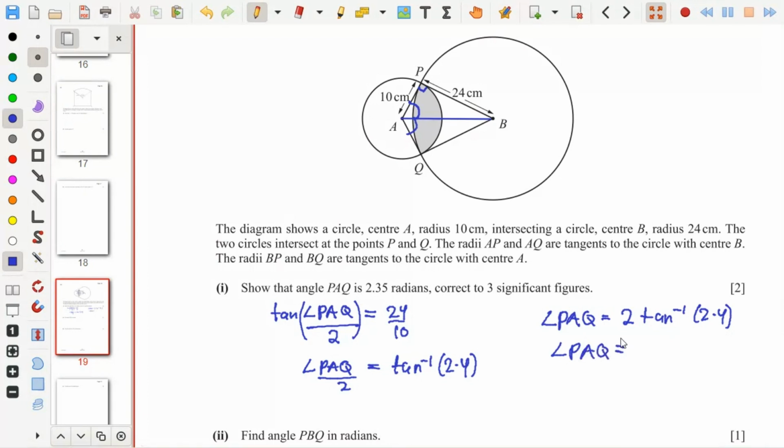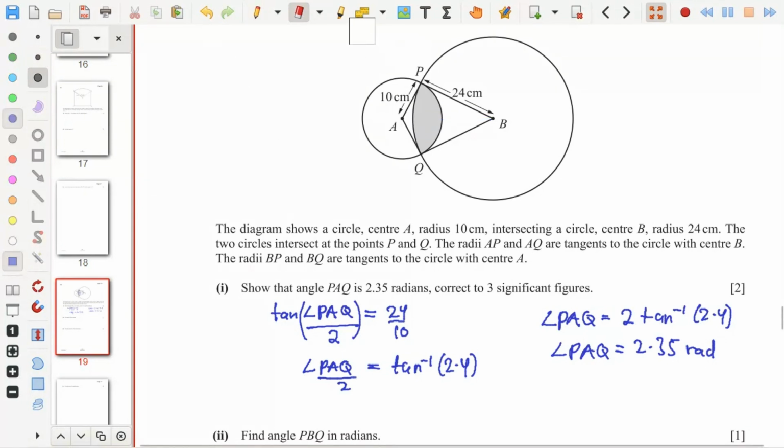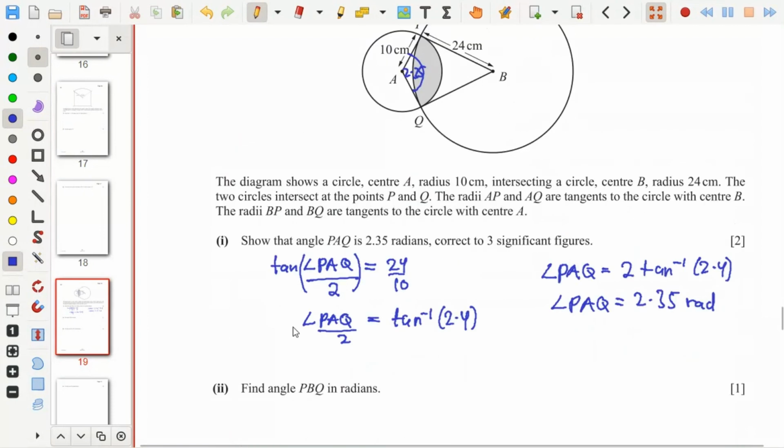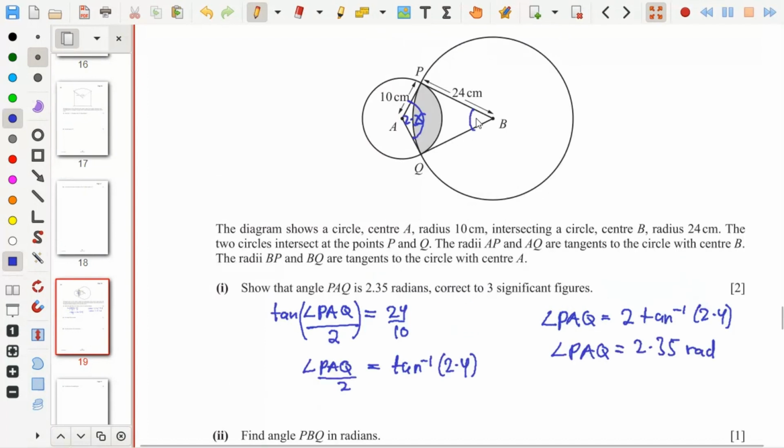Calculate this and see what you get. So I'm getting 2.35 radians. So the angle here is 2.35. Okay. The angle PBQ. PBQ. Okay, that's the angle here.